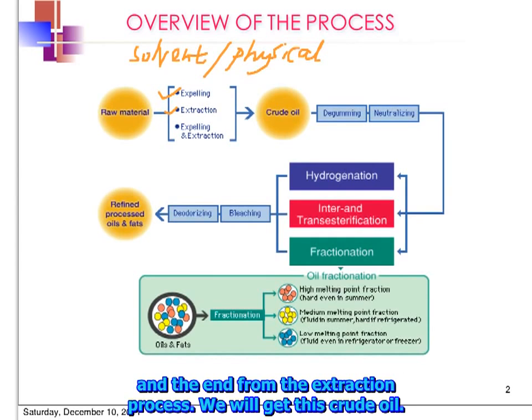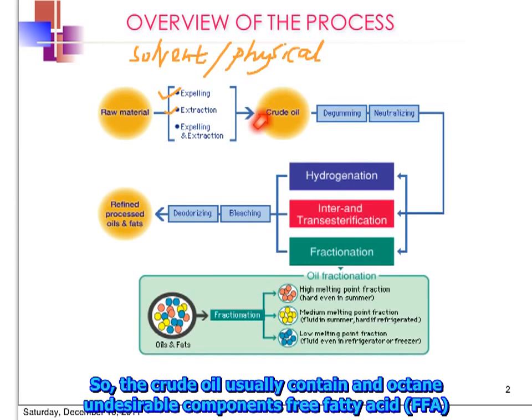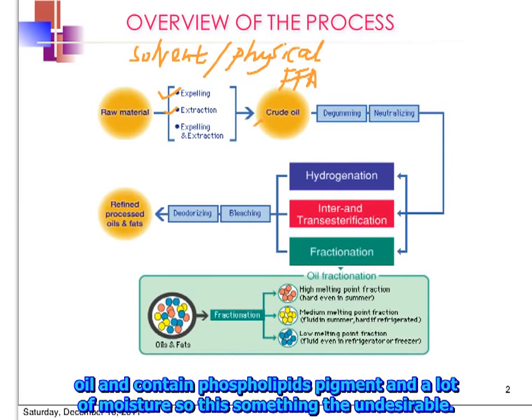At the end of the extraction process, what we get is the crude oil. The crude oil usually contains a lot of undesirable components such as free fatty acid, FFA, or it can contain phospholipids, pigments, and a lot of moisture.